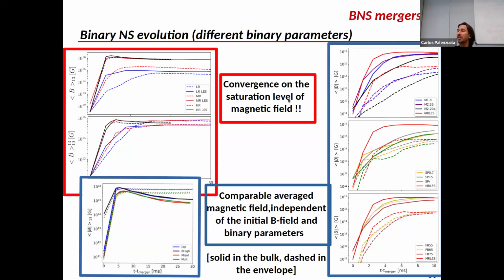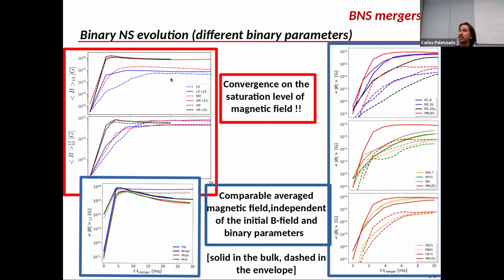So this summarizes the results, where we show the average magnetic field in the bulk and in the envelope. The first thing that we can see here in red is that in the simulations without LES, the dashed ones, as we increase the resolution by a factor of 2, we get a very different value of the magnetic field at the saturation level, as Shibata, Kiuchi, and other people already found.